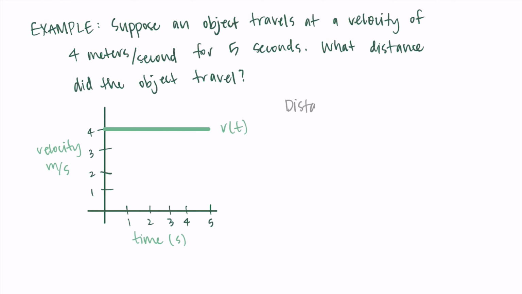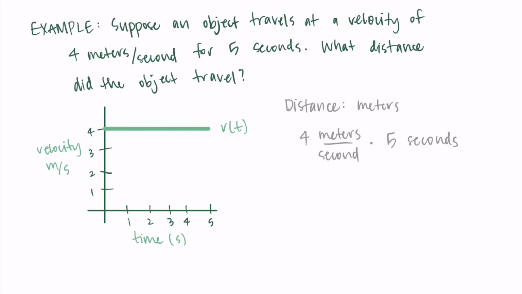Then the distance for how far the object traveled is going to be in meters. So we can think of going 4 meters per second, that's the rate, times 5 seconds, that's the time. You'll often hear distance equals rate times time. Multiplying those together, I'm getting 20. The seconds are canceling out in our units, and so I'm just left with 20 meters.